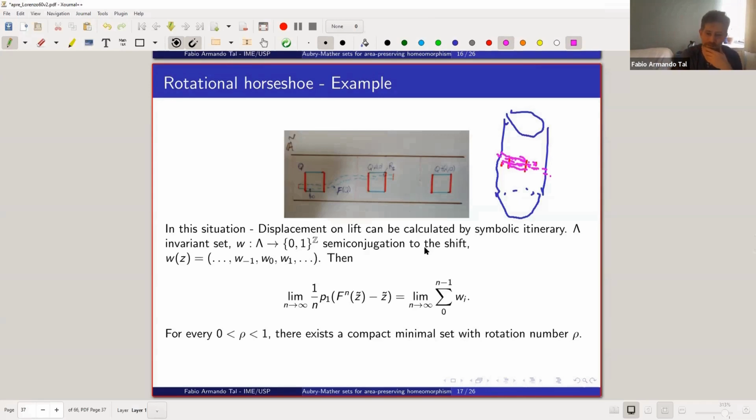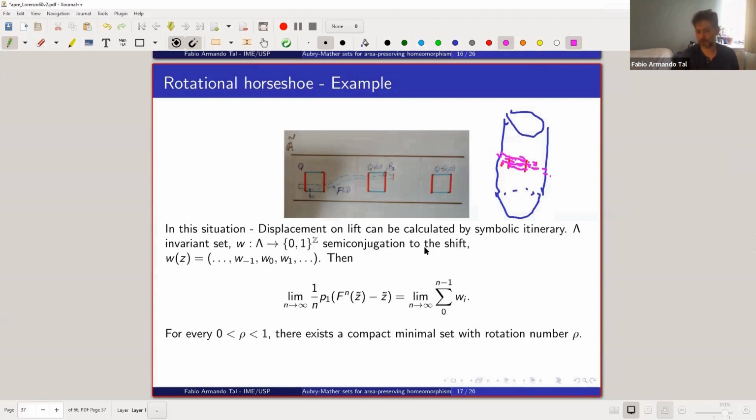If you have something like that, then you can do some symbolic dynamics, just asking: where did I stay? Did the image stay in the same component in the lift, or did I move to the right? And you can do some rotation theory just using the symbolic dynamics.